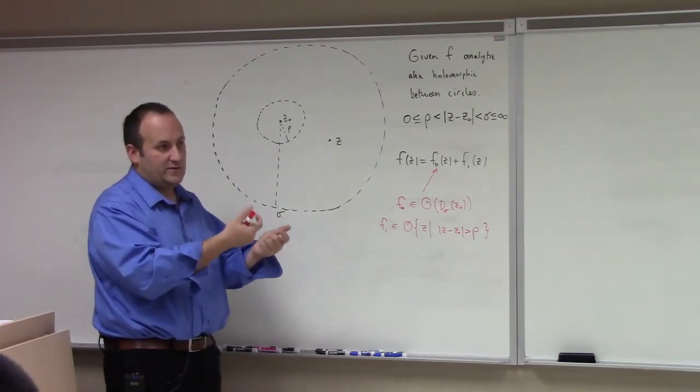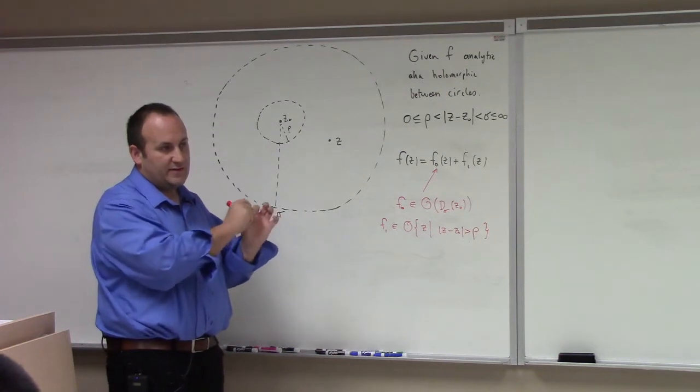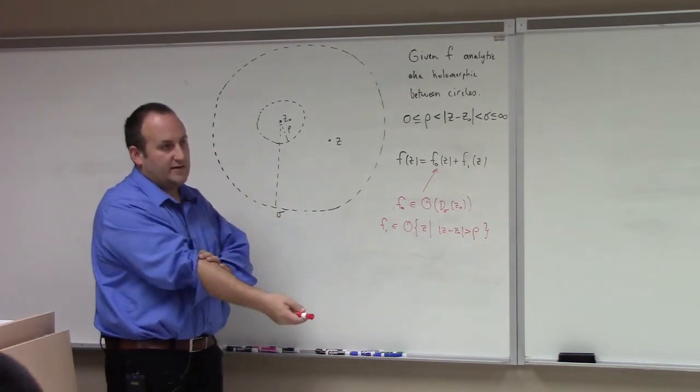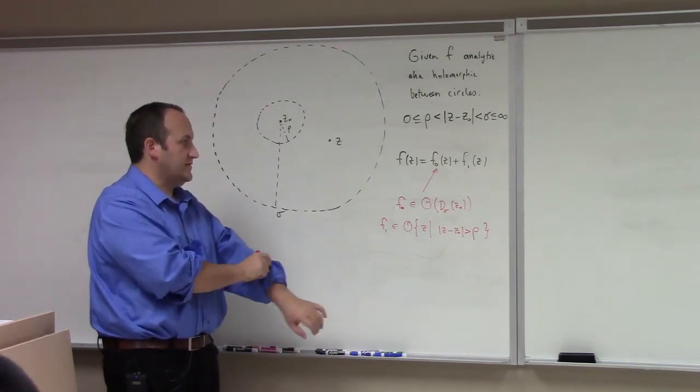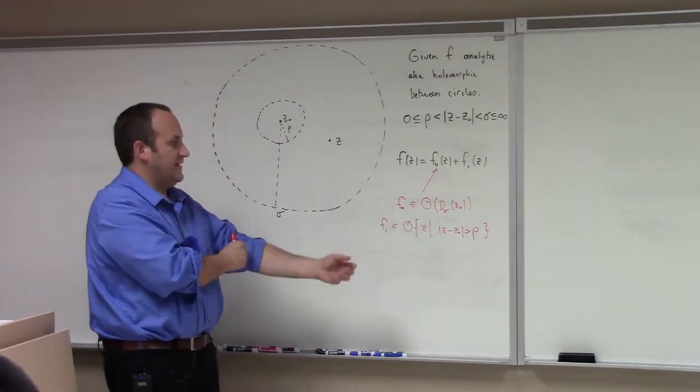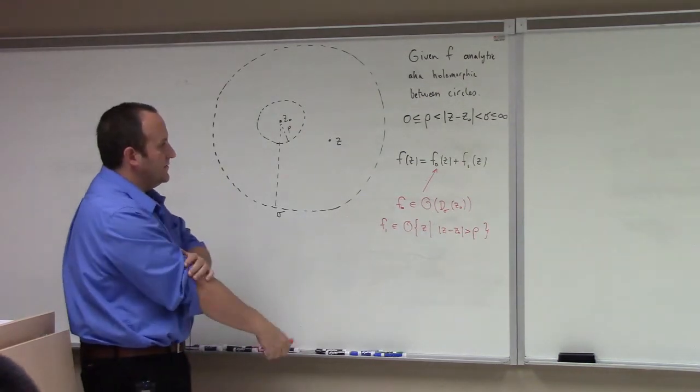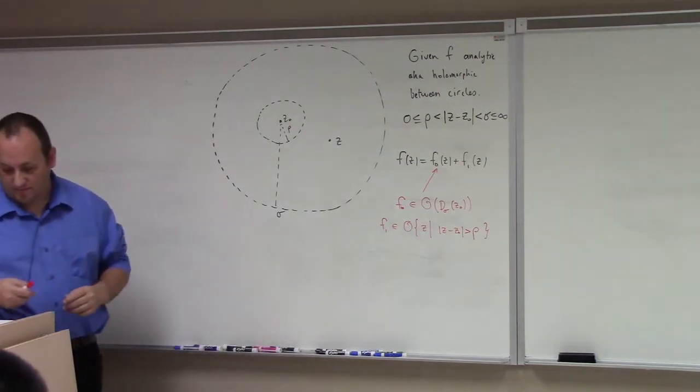So you get 0 minus 0, which is just 0. That's why h of z should be limiting to 0 as z went to infinity. And that is part of how we argued that the Laurent decomposition was unique.